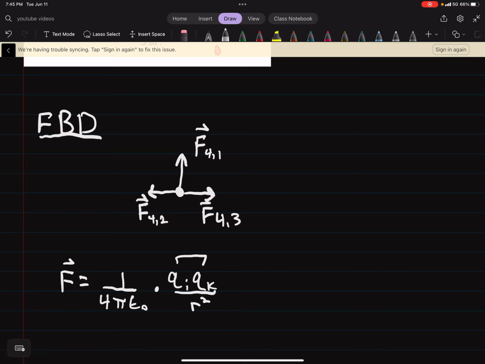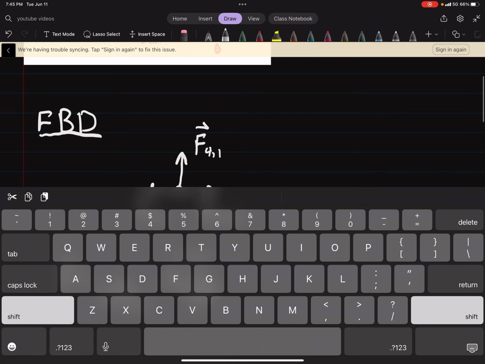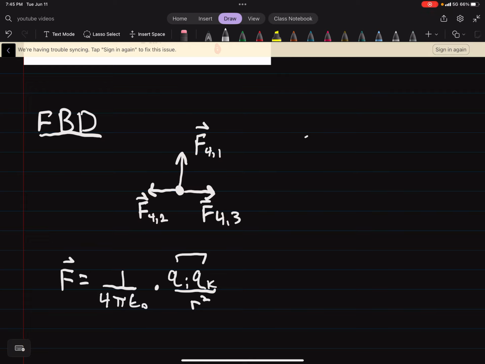So these two charges, one we would say is the test charge, the other is the source charge. Q sub i, for example, it doesn't really matter because you're multiplying it, it's commutative, but we'll just say Q sub i is the charge that's feeling the force, and Q sub k is the one that's actually causing the force. And r is just the distance between the two point charges.